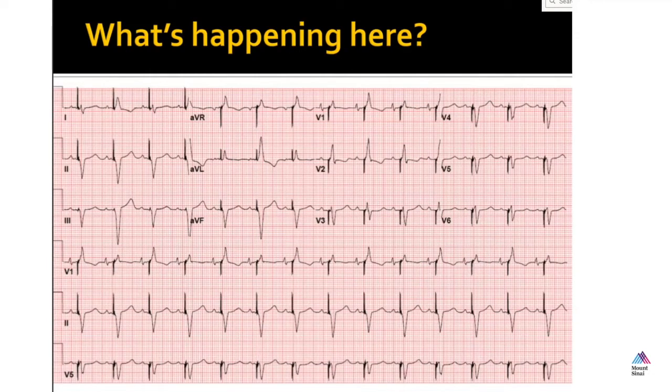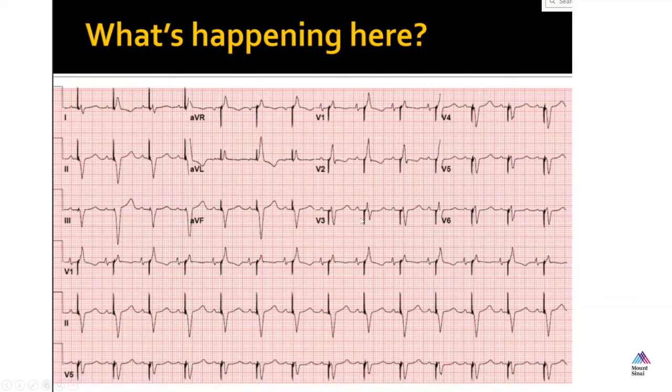So is that happening in this? Is there AV synchrony in this patient? I believe so. How would you know if there is, based on this tracing? So I think the key is that there's a P wave before every paced complex, right?